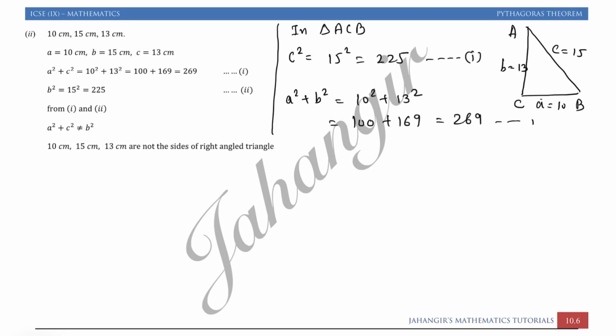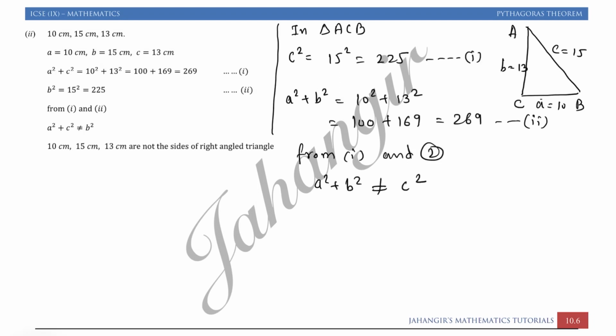This is second. So from 1 and 2 we can say, you can say A, B, C, anything. Okay, here I had taken C. Left side I had taken B as the greater side. You can take any value as per your requirement. So from 1 and 2 we can say A square plus B square is not equal to C square.